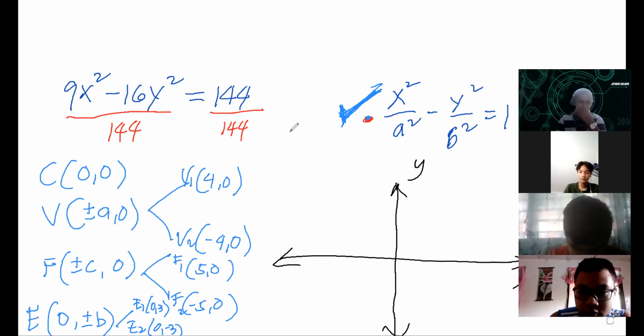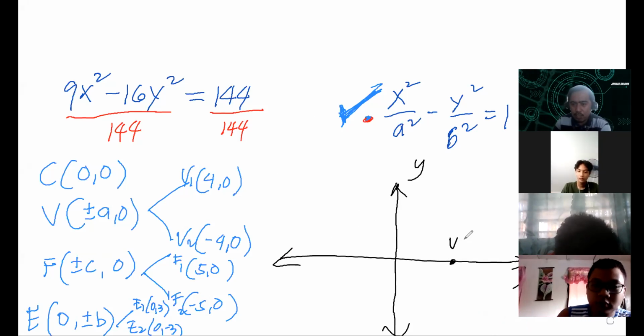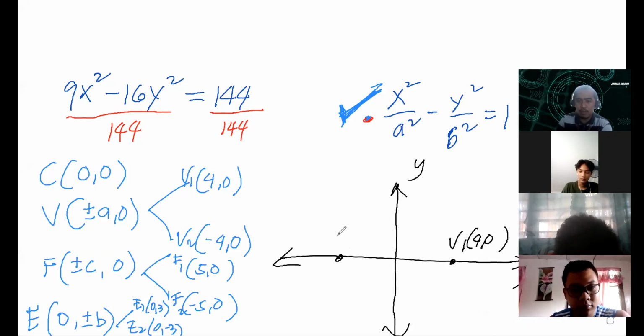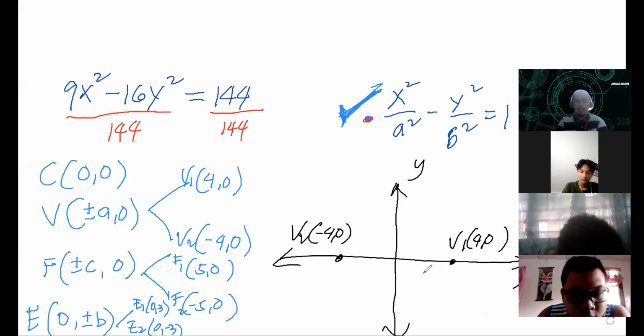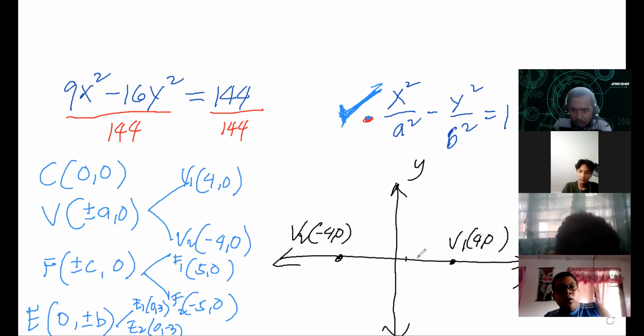Let us plot first our vertices. 4, 0, maybe somewhere here. Vertex 1, that is 4, 0. The other side will be negative 4, 0, and that is your vertex 2. Okay? So let's count here. 1, 2, 3, 4.